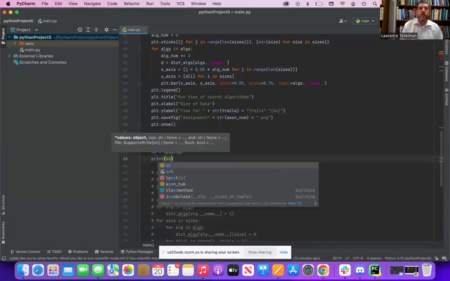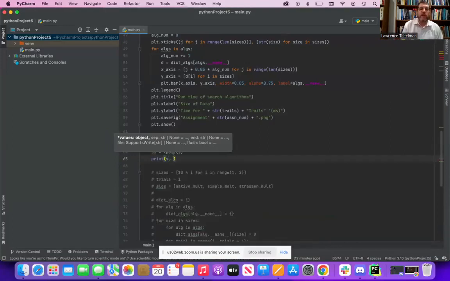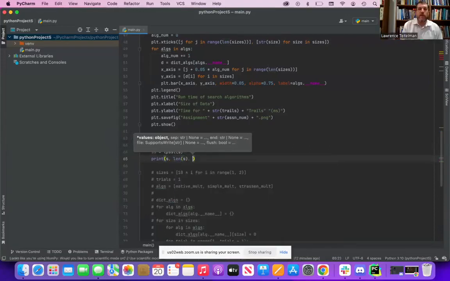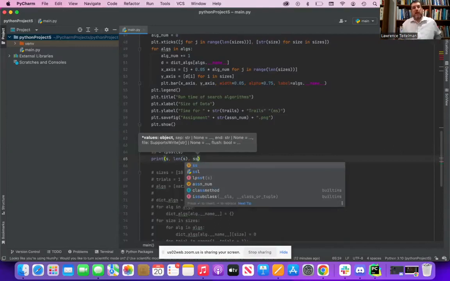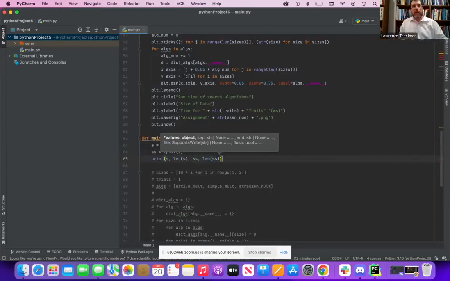Print, let's do all three, S, SS, and len of SS. Or even better, S, len of S. No, len. It's a function, len S. Yeah, and then SS. And then len of SS. Okay, and let's see what we get.